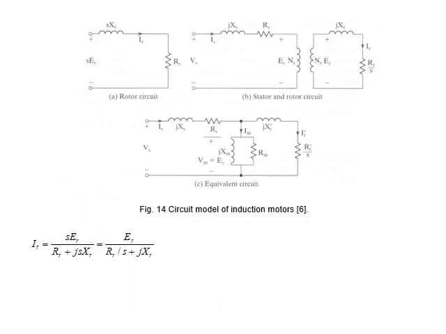Now this formula can be represented in the equation in the circuit of the induction motor. As you can see here, this is the rotor circuit. The rotor circuit will contain resistance and X multiplied by synchronous speed, because it's a function of speed, which is a function of frequency, and the same thing for the voltage, which is a function of synchronous speed.